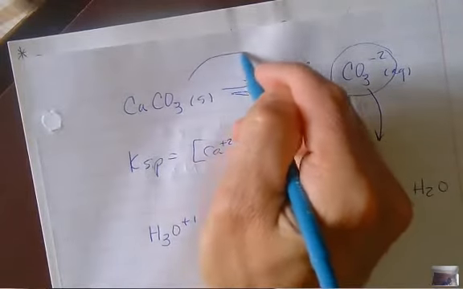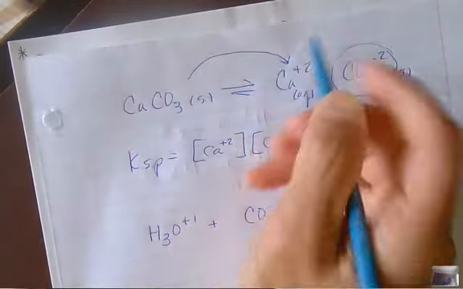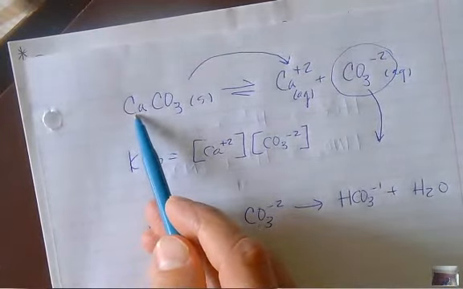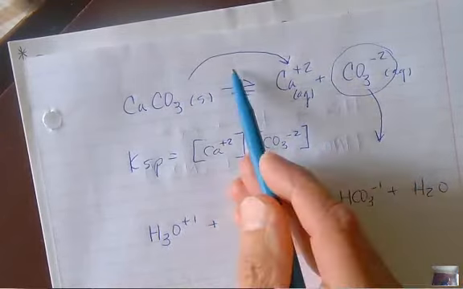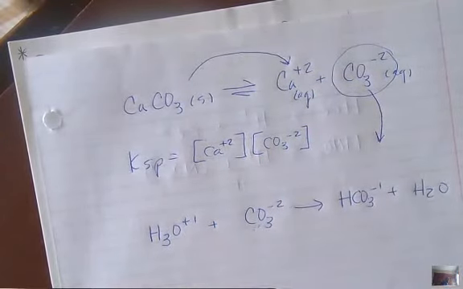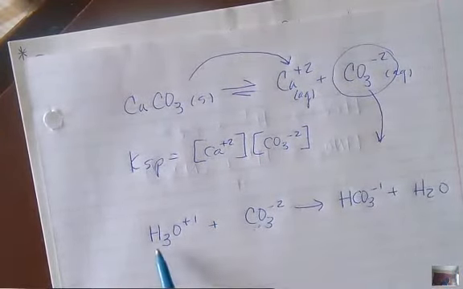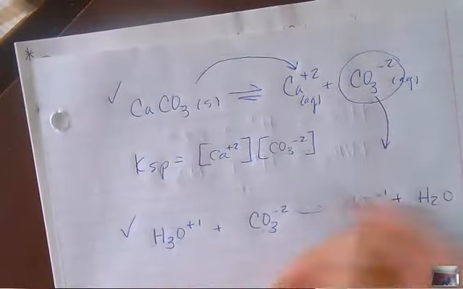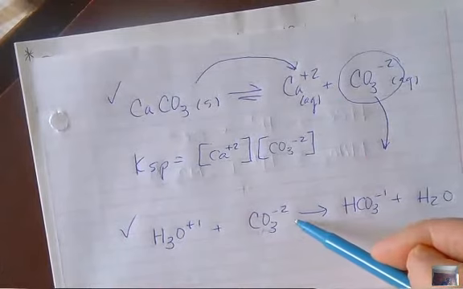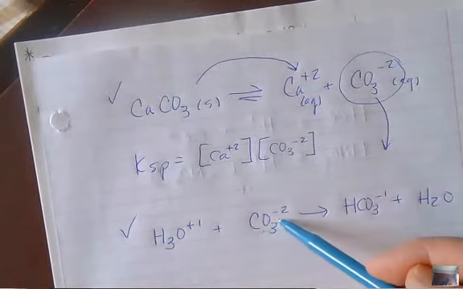So what would happen to this? At low pH, I would be able to dissolve a lot more calcium carbonate into the solution than I would be just in water, okay? Because it participates in this second reaction. I'm not going to do it, but you can actually put these two reactions together and see what the K value is.